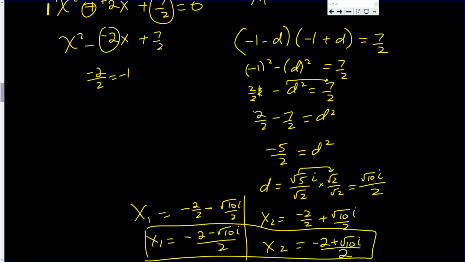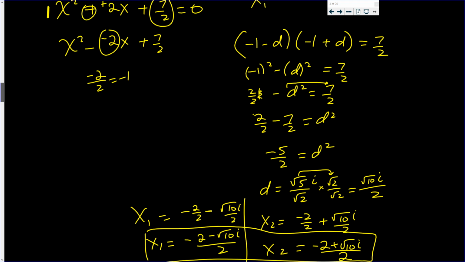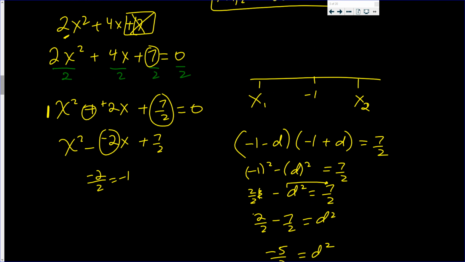Just find the value for d. That's all you need to do. That's the whole job in this, is to find out what d is. How much is d? The midpoint is easy. Once you have a 1 in front of the x squared, all you have to do is take half of that number.